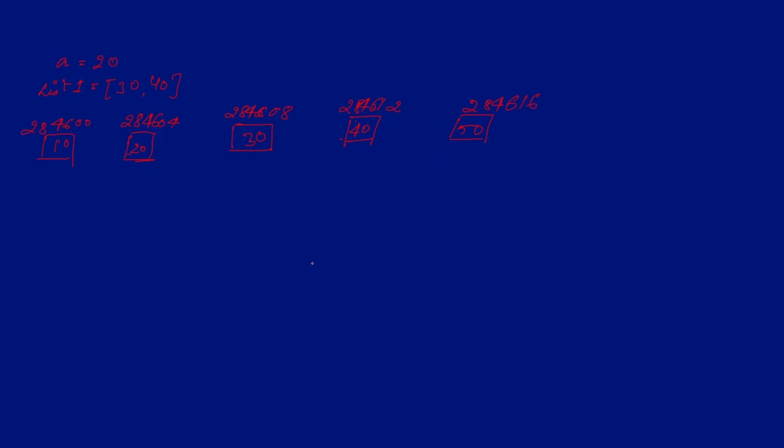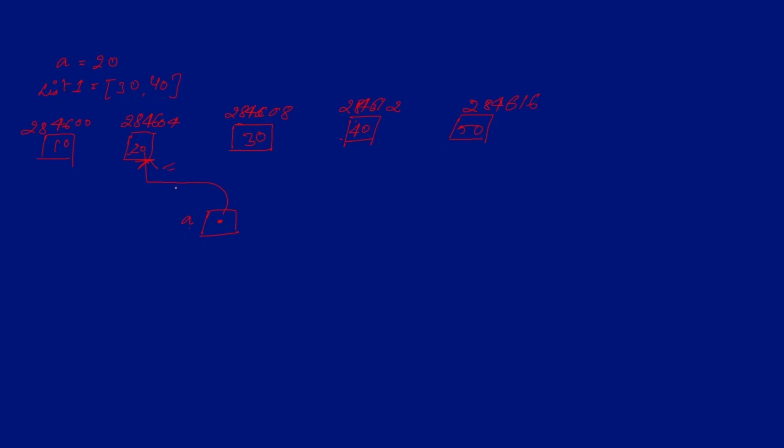So here, variable a is referring to this particular memory location.